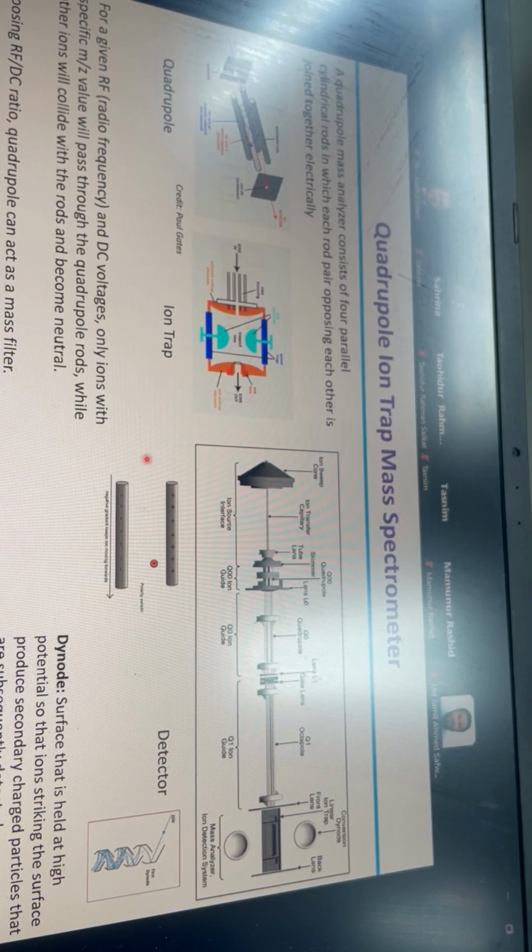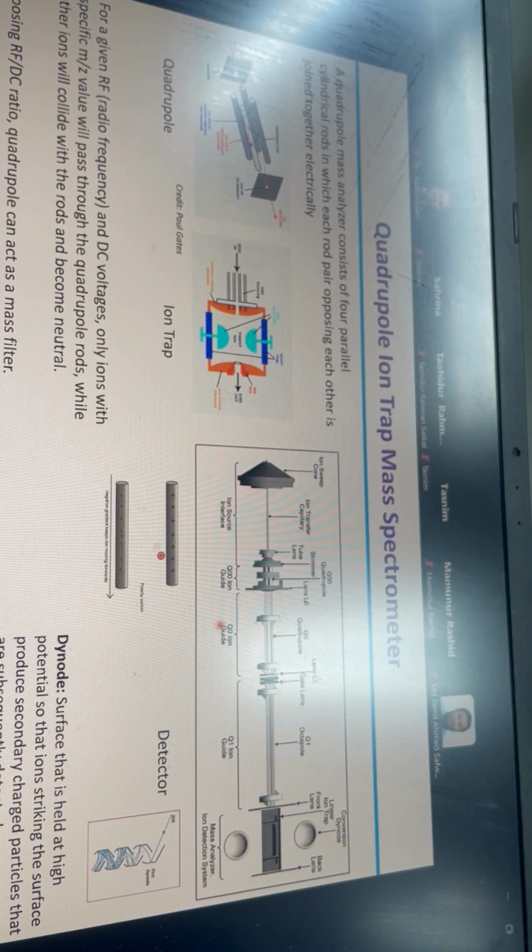Negative to make it move forward, and positive to keep it in the lane so that it does not hit the rod. But if we do not like this ion, we can keep the voltage negative. That way we can use this quadrupole as a mass filter.